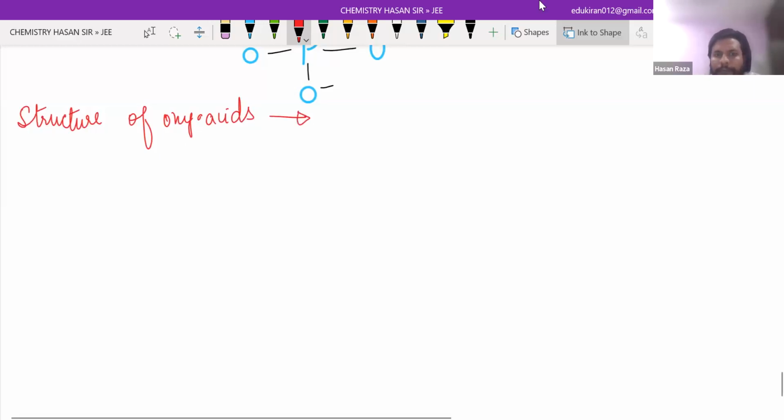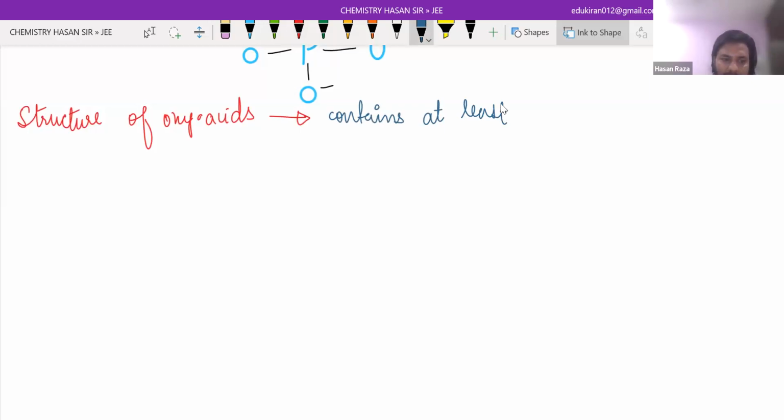First of all, this is a very important point for inorganic chemistry: an oxy acid contains at least one AOH bond. A is your central atom, which will be a non-metal. At least one OH bond will be there.